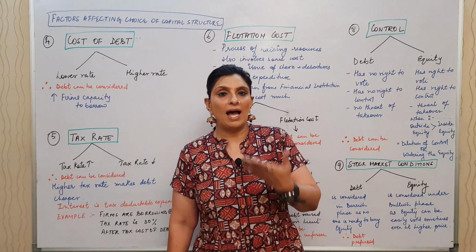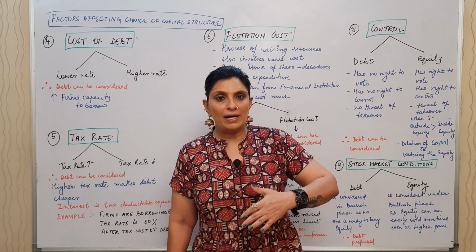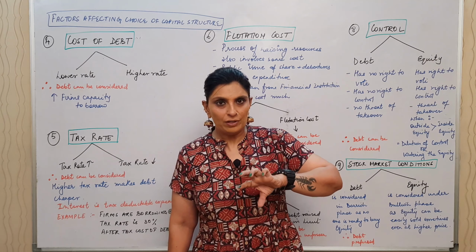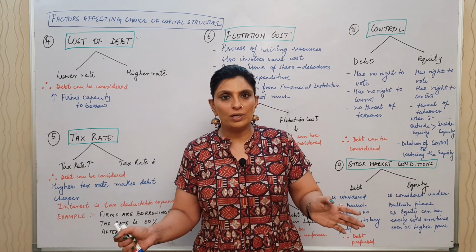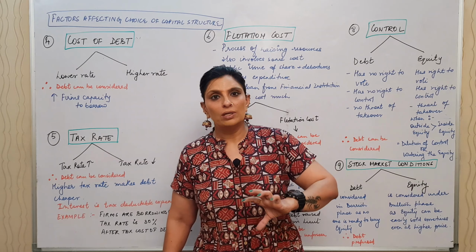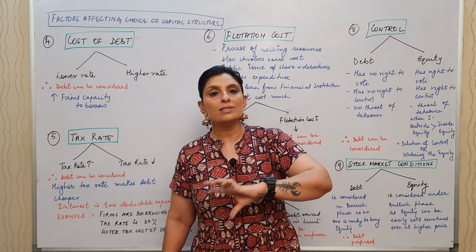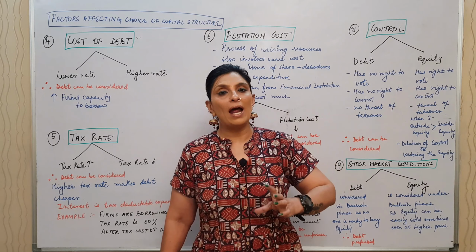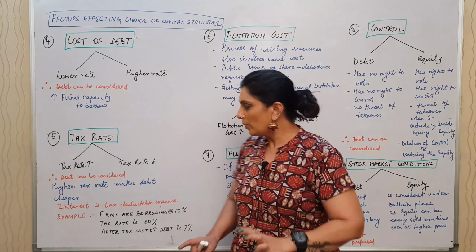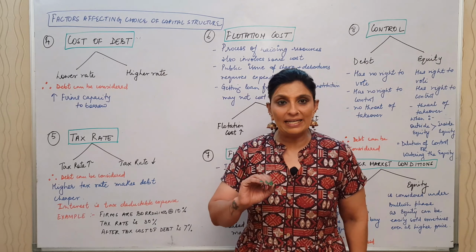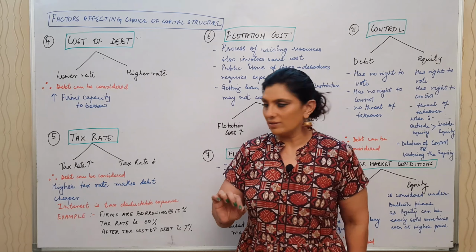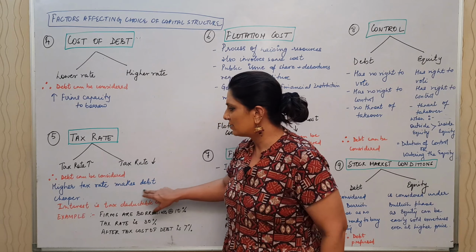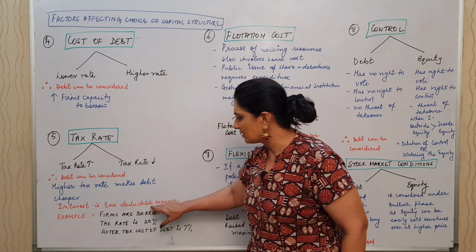If the tax is higher, comparatively the amount left to be distributed as dividend to the equity shareholders becomes more. Since debt is treated as a deductible expense, a higher tax rate makes debt cheaper. Interest is a tax deductible expense.